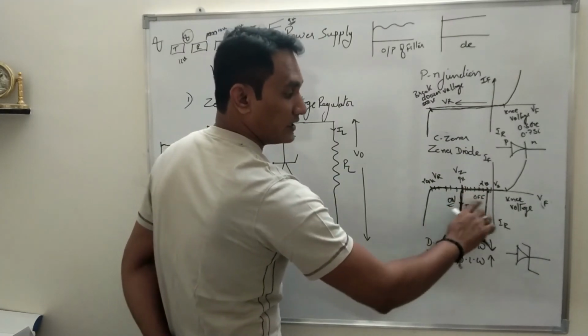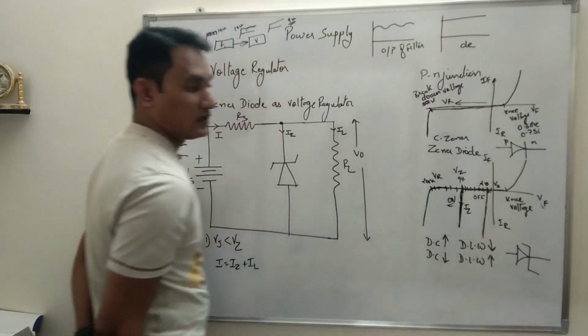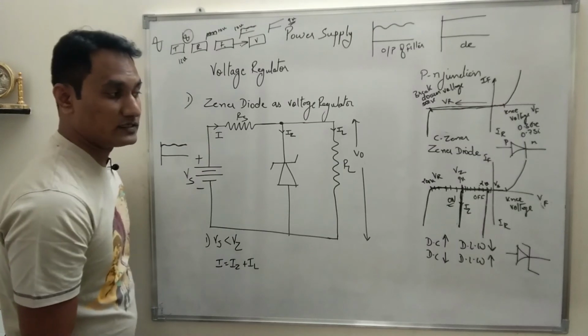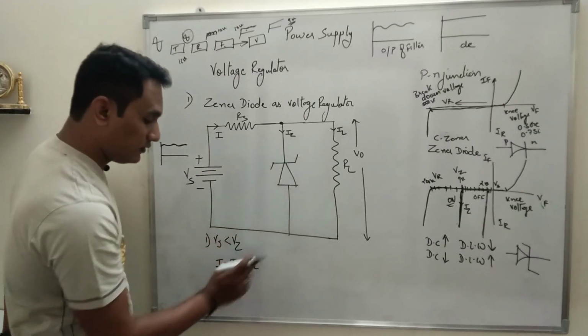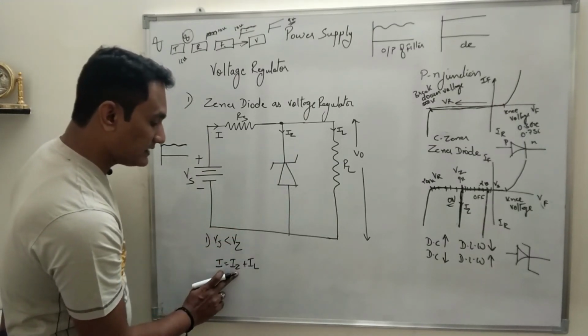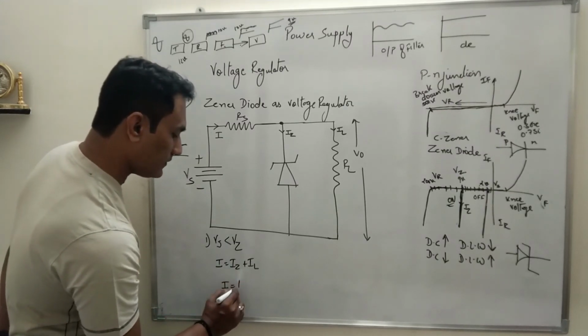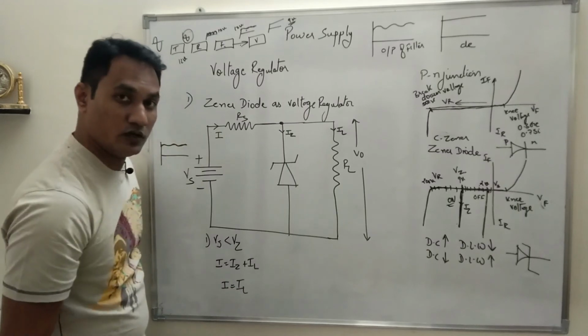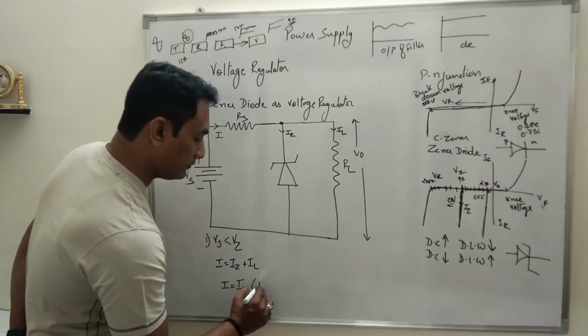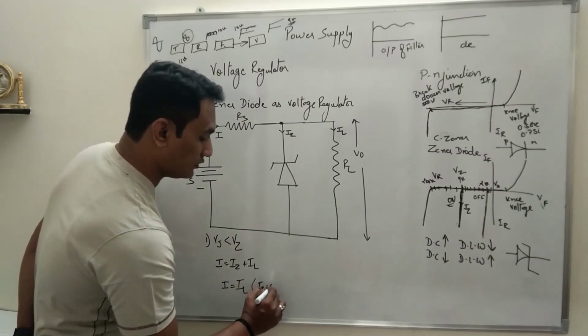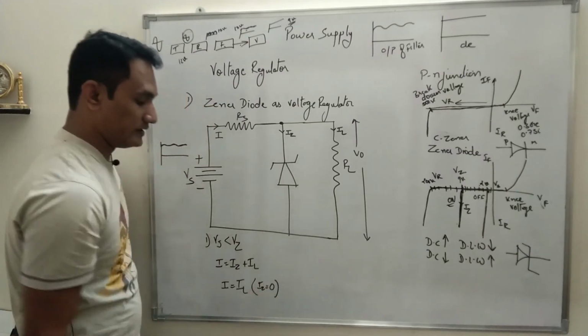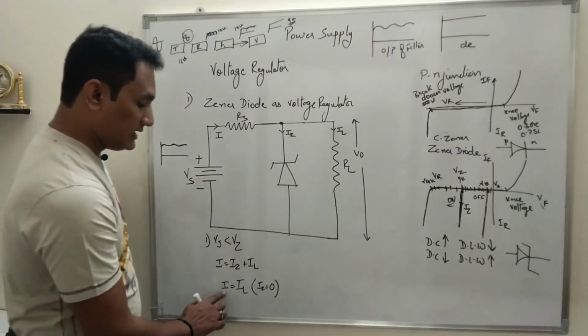That means no current is flowing through the Zener diode, and therefore the Zener diode is in the off state. That means Iz is 0. If you make Iz equal to 0, what equation do you get? I is equal to IL, because Iz is equal to 0. The Zener diode is in the off state, so now I is equal to IL.